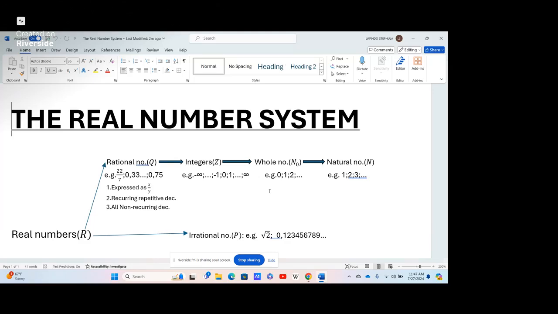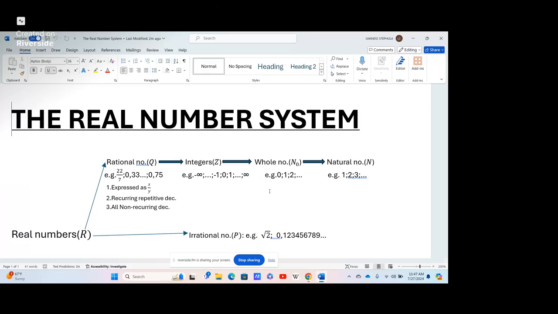In my previous video, I gave you a little insight on rational and irrational decimals, so I'm not going to go deep into them today. I advise you to go back and watch that video so that you can be more knowledgeable about decimals that are rational and irrational. Rational and irrational numbers are the exact opposites of each other.